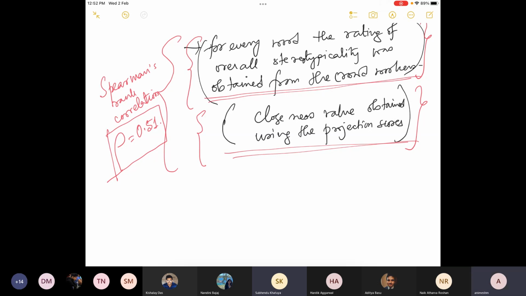What is the range? What is the range of correlation? In general, what is the range of correlation? Correlation values start from -1 to 1. -1 to 1, and you are at 0.51. So what do you think?